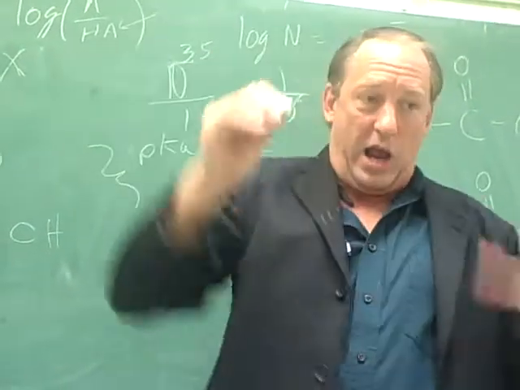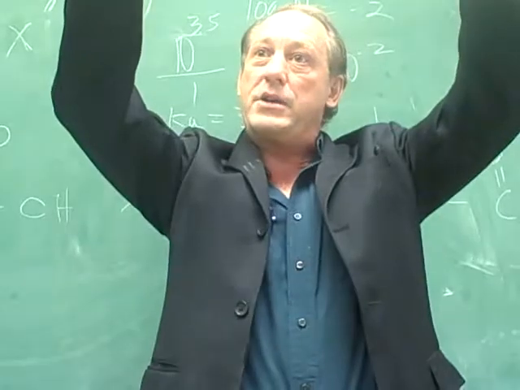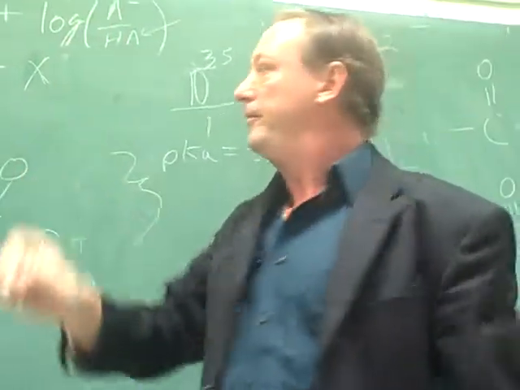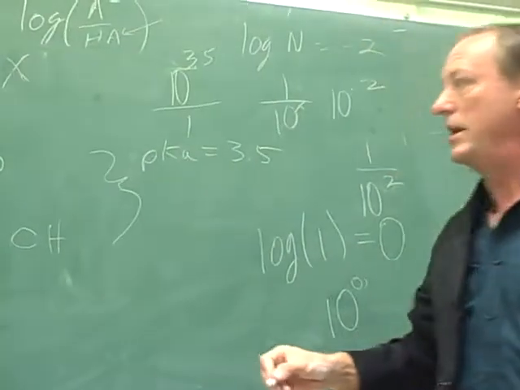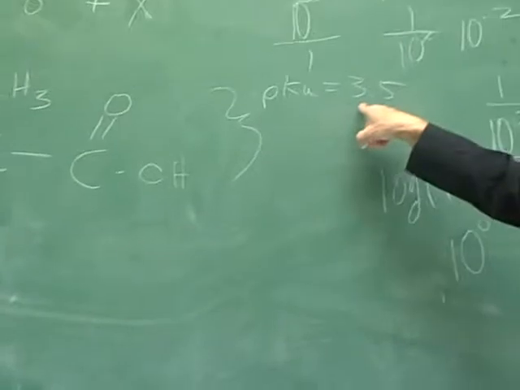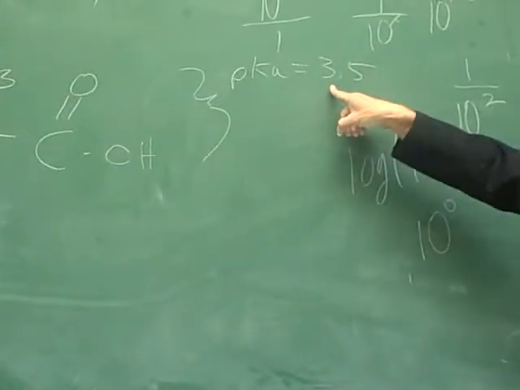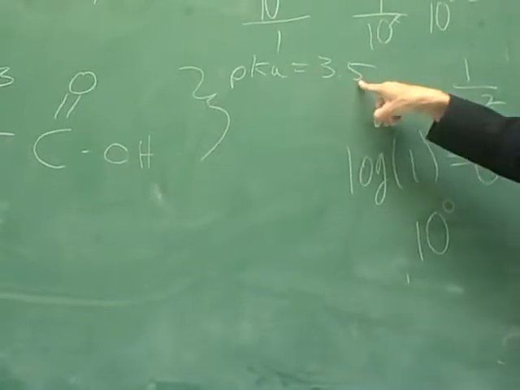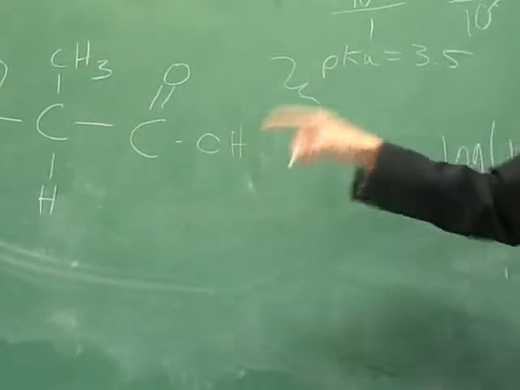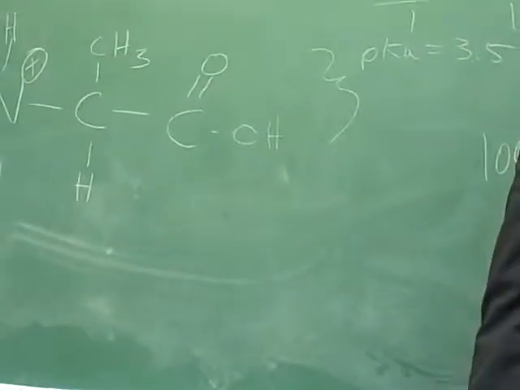So if you start out protonated at low pH, you go past the halfway point, you're now going to be unprotonated, right? So look at this side here. We had the pH was 7, the pKa was 3. So the pH is above the pKa. We determined this guy to be protonated. So I could have just said, oh, well, the pH is above the pKa, it's got a proton on it.